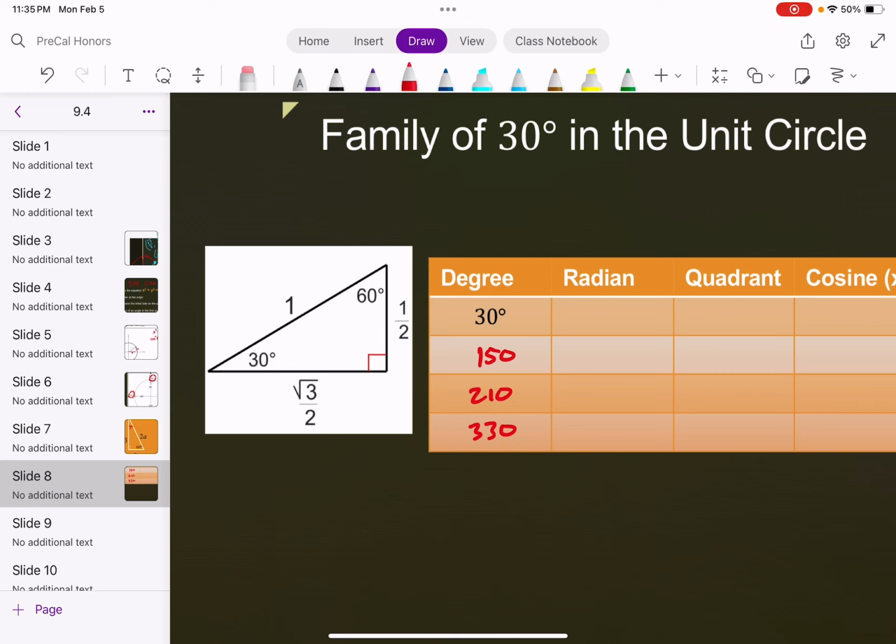Now, once we have that completed, we would be able to switch from degrees to radians. First step would be taking a look at our 30 degrees and understanding that that would be pi over 6. Pi over 6 would be our first quadrant.